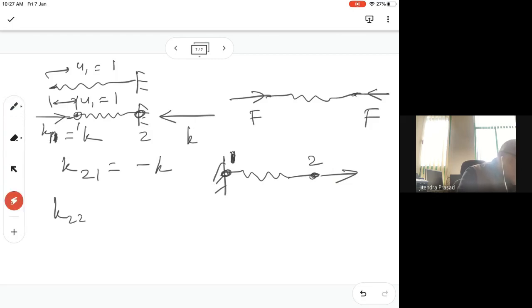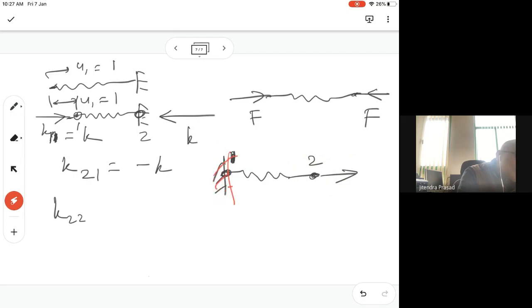Okay. Now K1, the point 1, then point 2, and K12, K22 is the force required at node 2 to induce a unit displacement at node 2, while keeping all other degrees of freedom fixed.